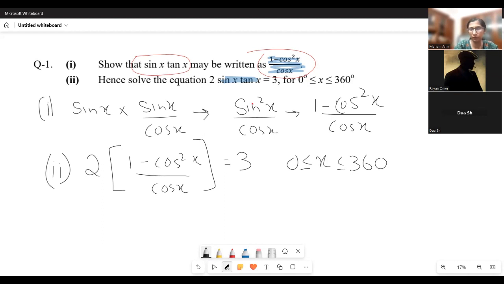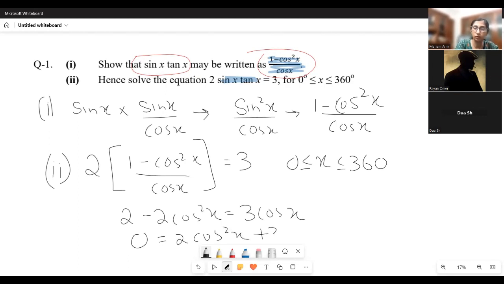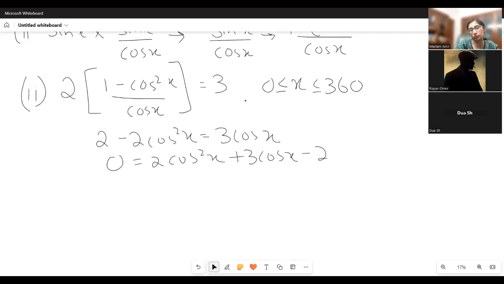Okay, now we cross multiply and get a hidden quadratic equation. So we have 2 minus 2 cos square x equals 3 cos x. A little bit of rearranging is needed. So we have 2 cos square x plus 3 cos x minus 2 equals 0. So let cos x equal u.